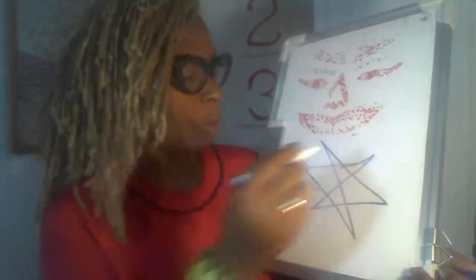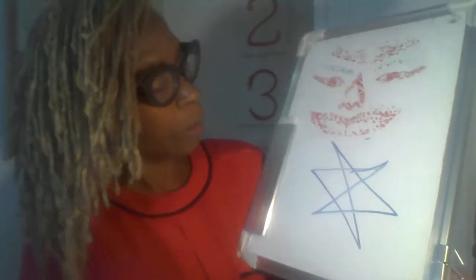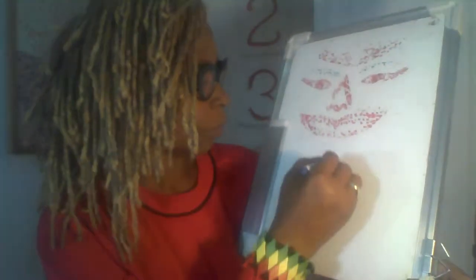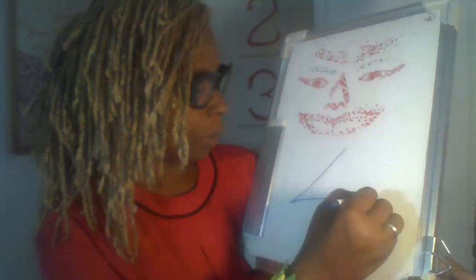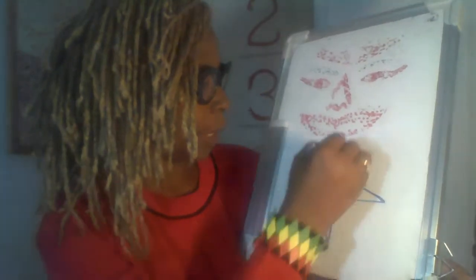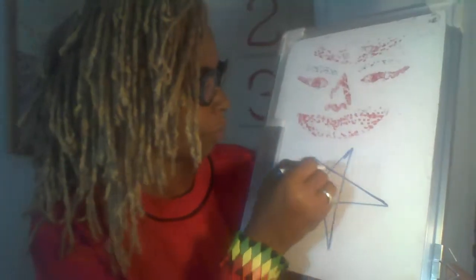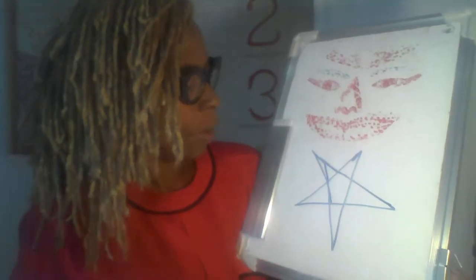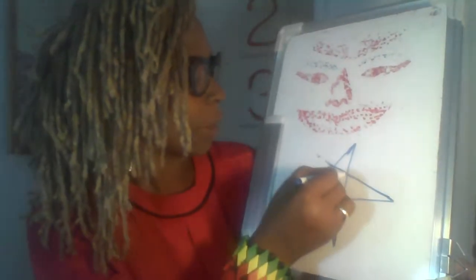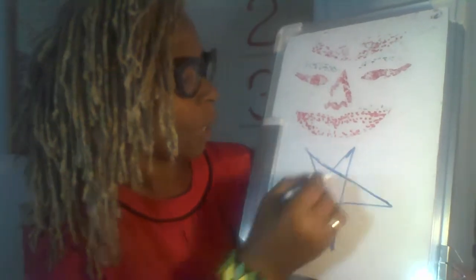Oh, this is the 6 pointed star. Oh, no, it is 1, 2, 3, 4. Oh, let's do it again. 1, 2, 3, 4, 5. Okay. The 5 pointed star. Let's get it. Practice makes perfect. Embrace what you have in the moment.